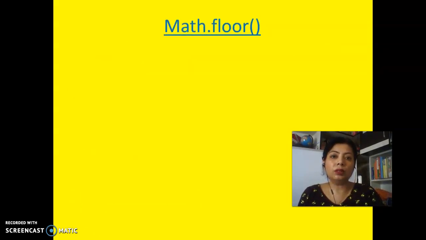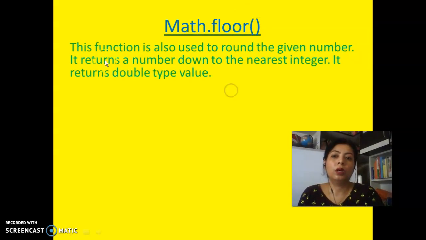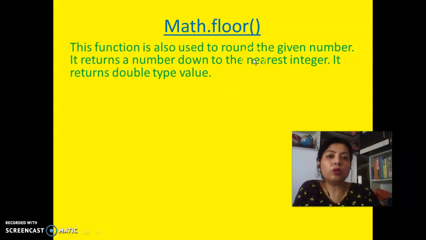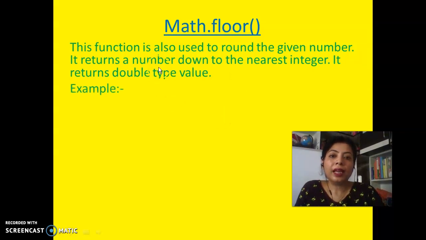Then come to the third one, which is Math.floor. This function is also used to round, like the round and rint functions. But the difference is it returns a number down to the nearest integer.